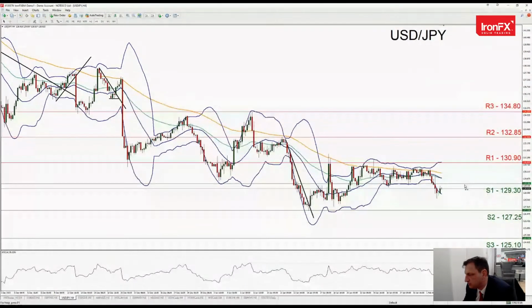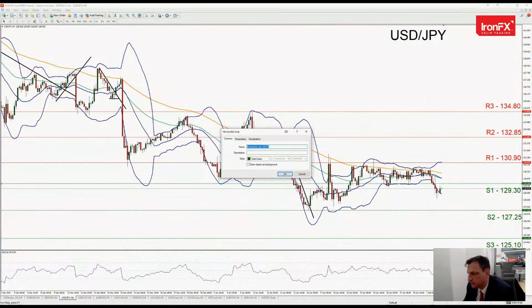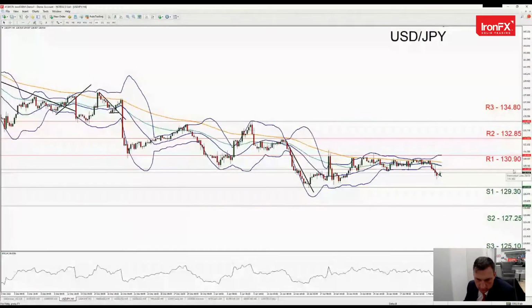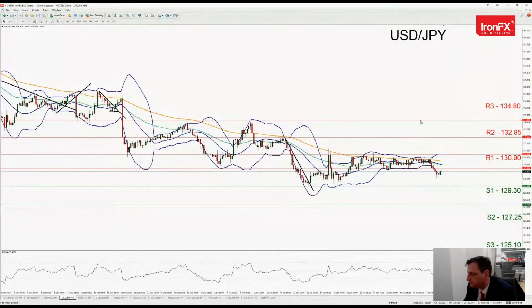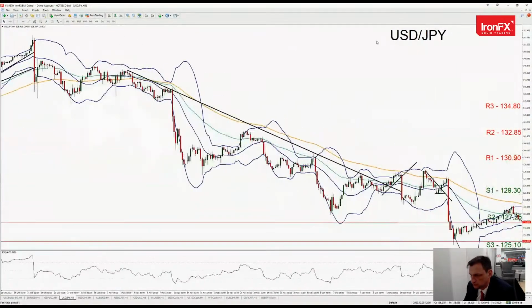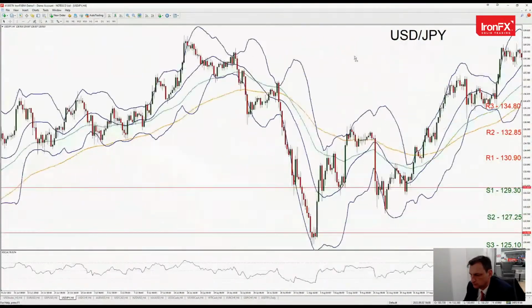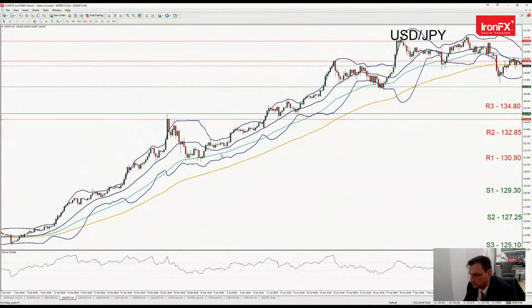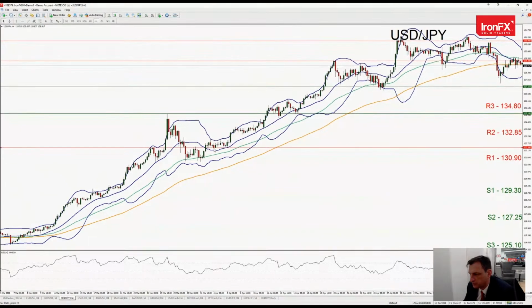For the time being, though, I would be correcting the 129.30 and turn it from a support line to a resistance line. Let's go hunting for a new ultimate support level. I would prefer this one.